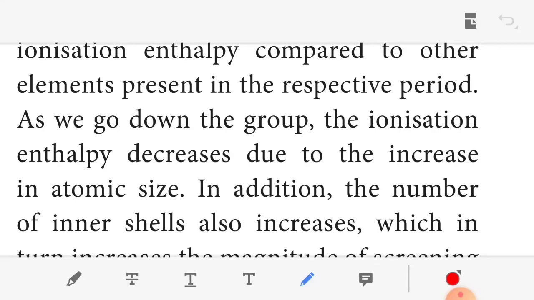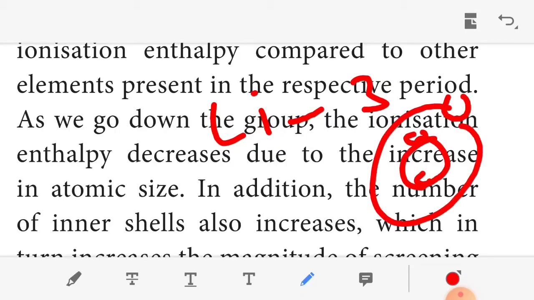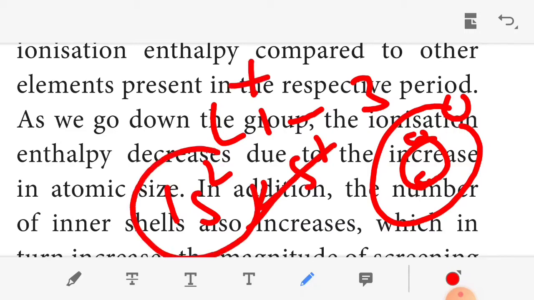For lithium, the atomic number is 3, with electronic configuration 1s2 2s1. When the outermost valence electron is removed, lithium becomes Li plus, attaining a stable electronic configuration near to helium.